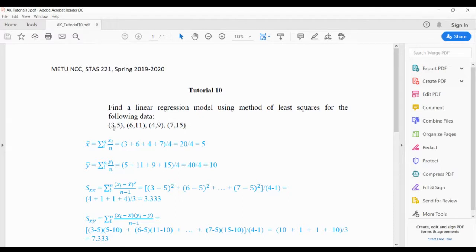Okay, so for these points, how can we read them? This is 3, this is 5, this one corresponds to x, this one corresponds to y. So x and y are showing one point to you. And not always do we represent our points like this.